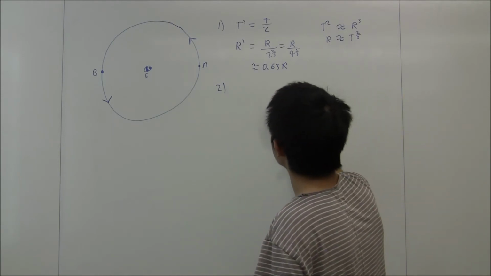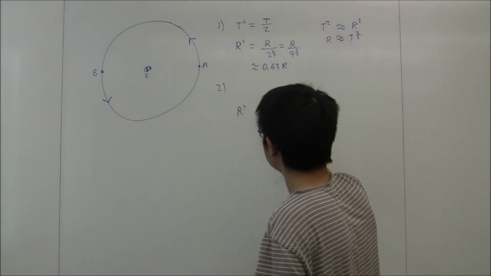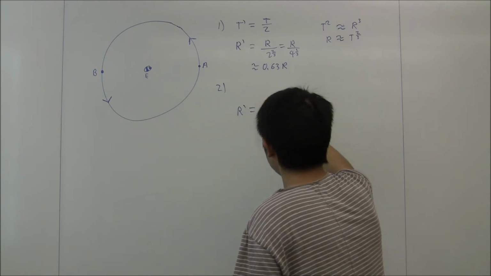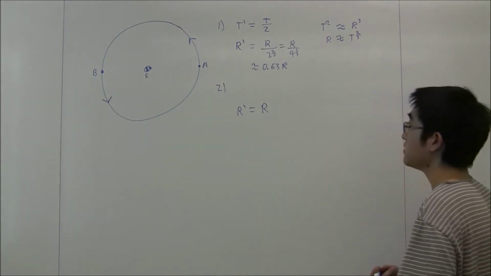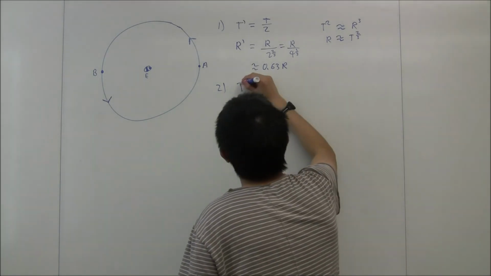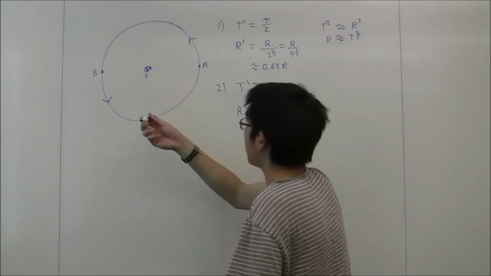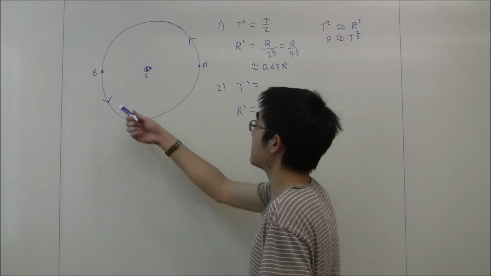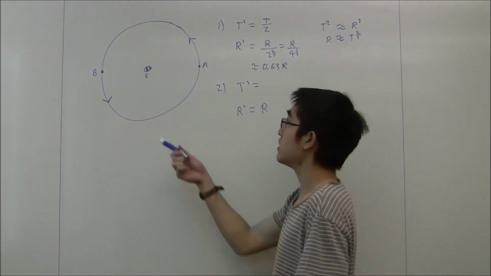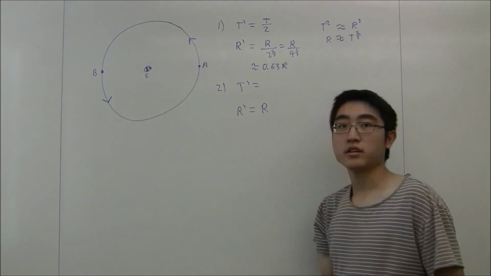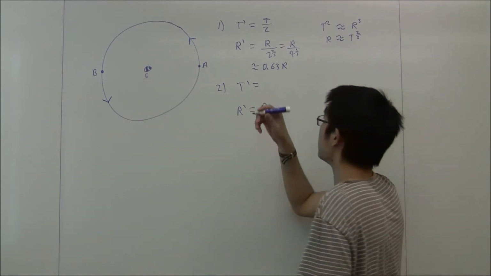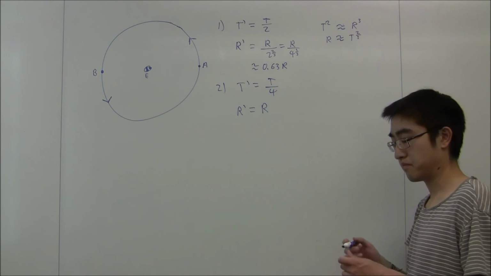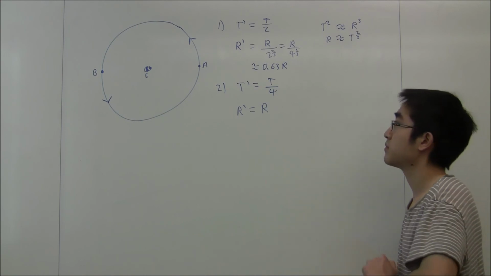So in this case, the semi-major axis of the sandwich's orbit is just the same as the astronaut's semi-major axis, R. And the time it will take, by symmetry of the path, astronaut B will meet up with the sandwich after it has traveled a quarter of its orbit, which means that the time it will take is just the period divided by 4, which is a lot shorter than our method in the first part.